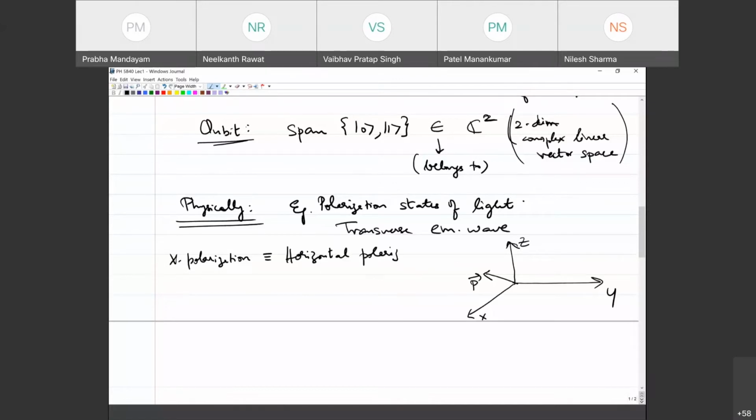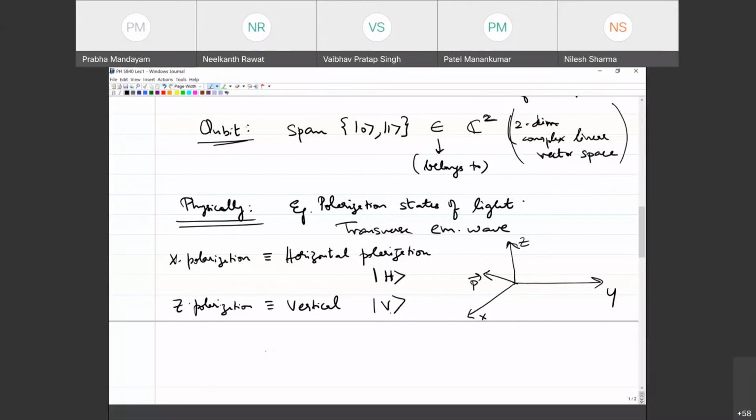And in my notation, I will associate a ket with it. I will call this the ket vector associated with horizontal polarization. The Z polarization, I can think of this as vertical polarized light, and I will associate a ket V with this.